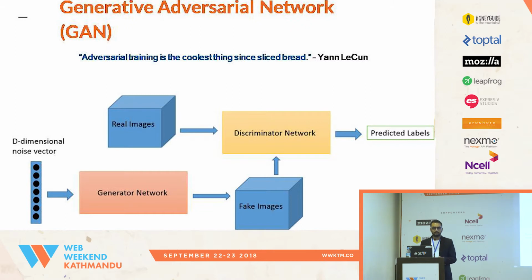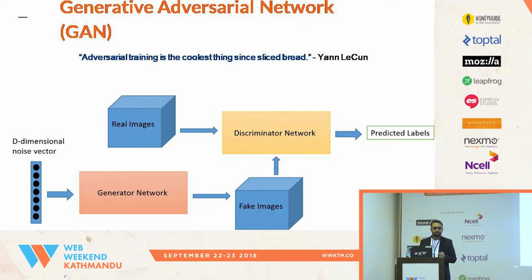Okay, so generative adversarial networks. If someone asks me what is the best thing in this universe, I'm going to say it's GANs. The reason is that GANs are the most sophisticated as well as the most creative architectures I've ever seen in my life. I'll talk about the reason first, but before that, the architecture.